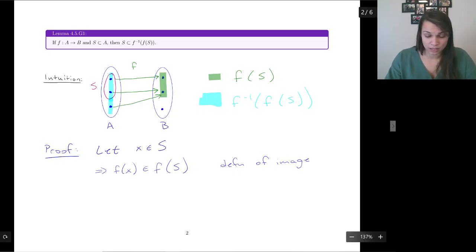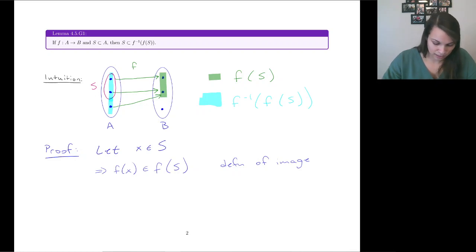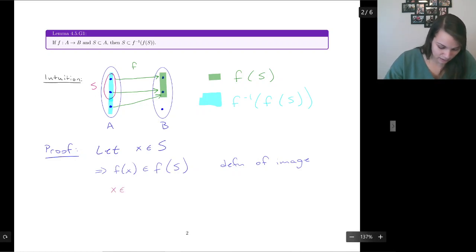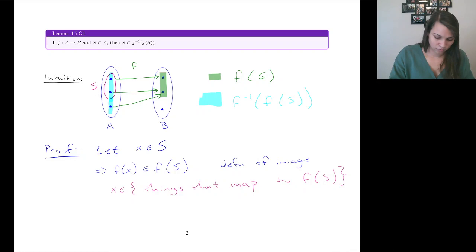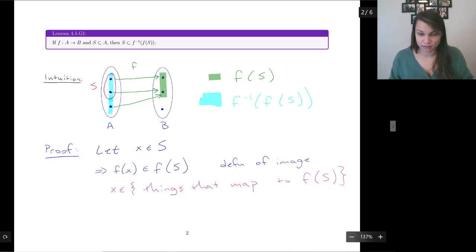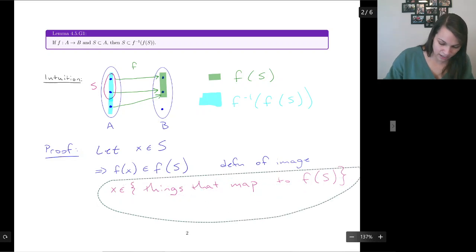But what that means is that x is a thing that maps to the set f of S. That's what this is saying. x is a thing that is going to map to f of S. We have a name for that.